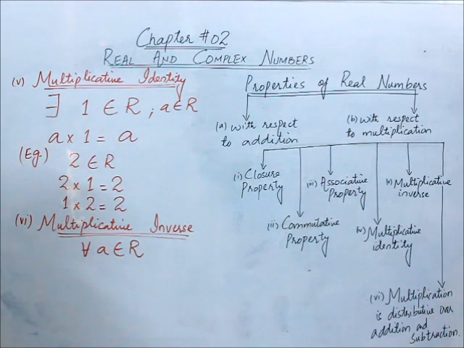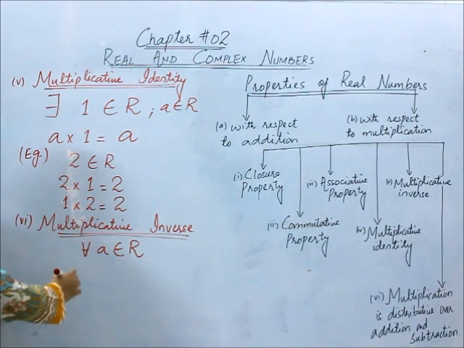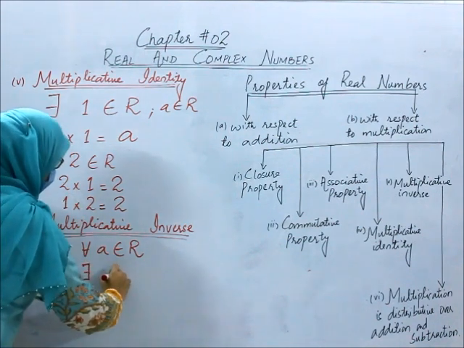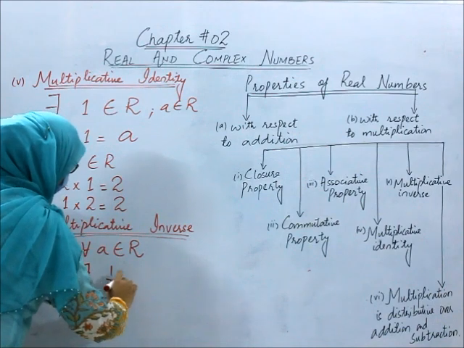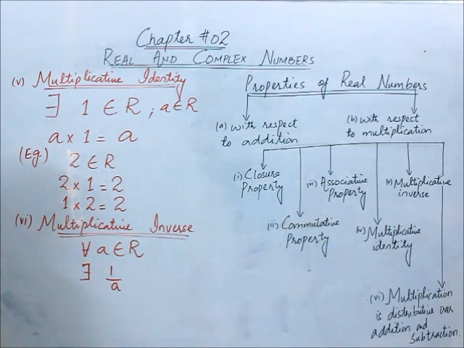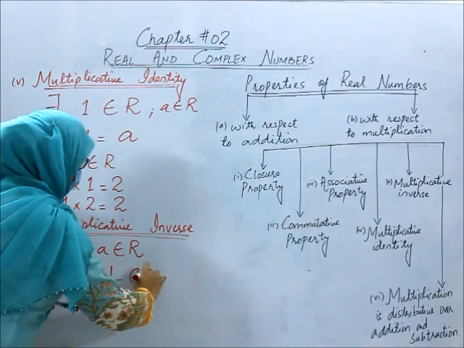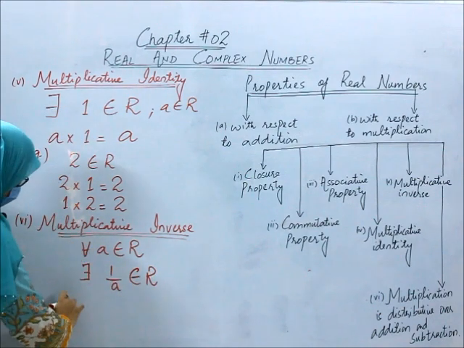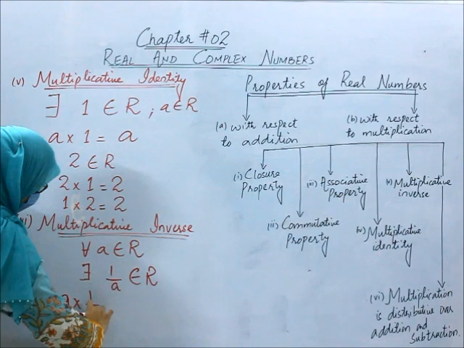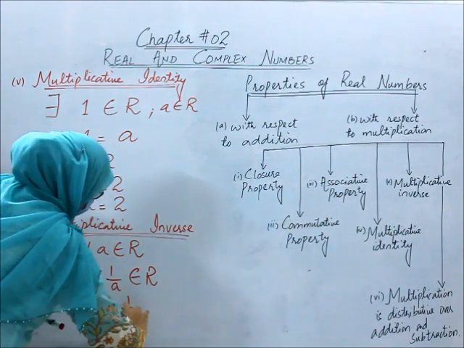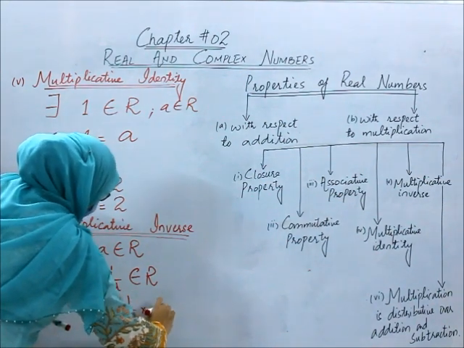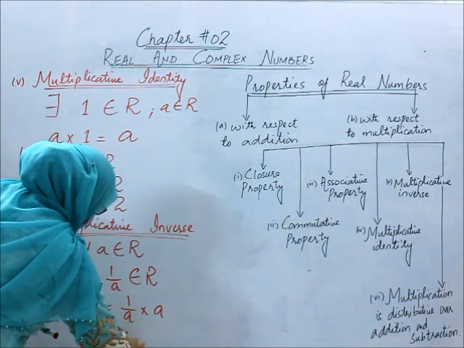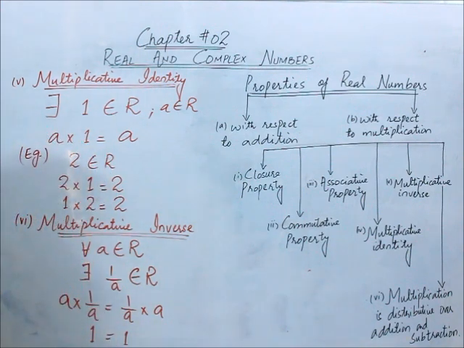So for all numbers which belong to the set of real numbers, there exists a unique number which would be the inverse of that number, which also belongs to the set of real numbers. That is, when we multiply these two numbers, our answer would be what? Our answer would be multiplicative identity.